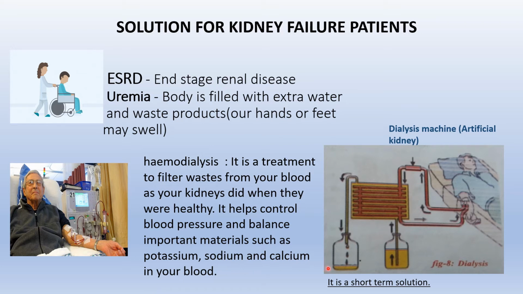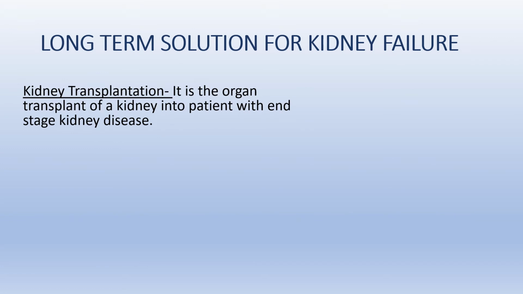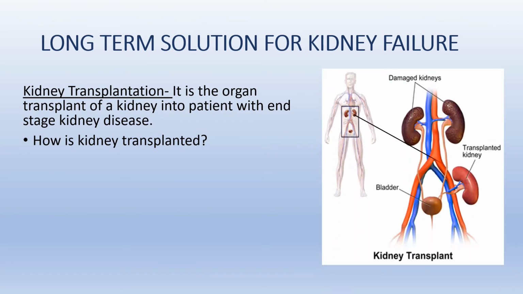So this dialysis is the short-term solution for kidney failure patients. Long-term solution for kidney failure is kidney transplantation. It is the organ transplant of a kidney into a patient with end-stage kidney disease.